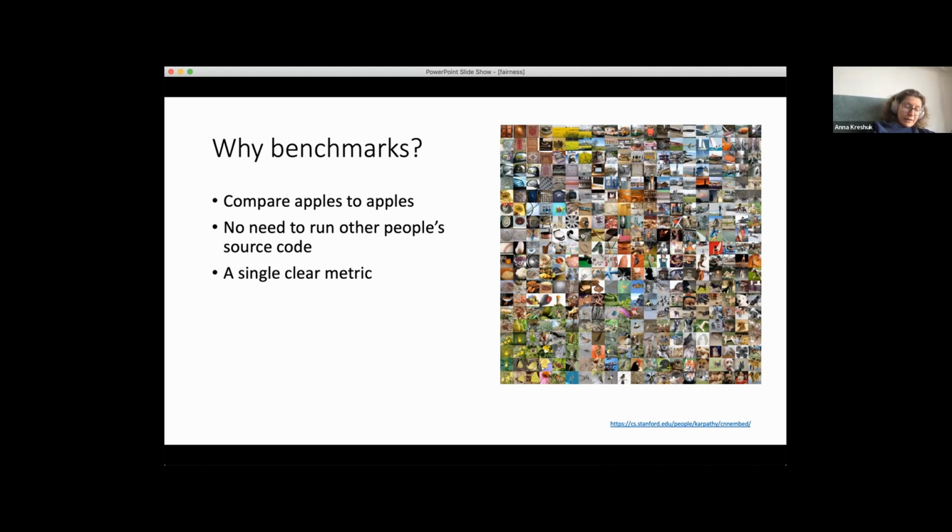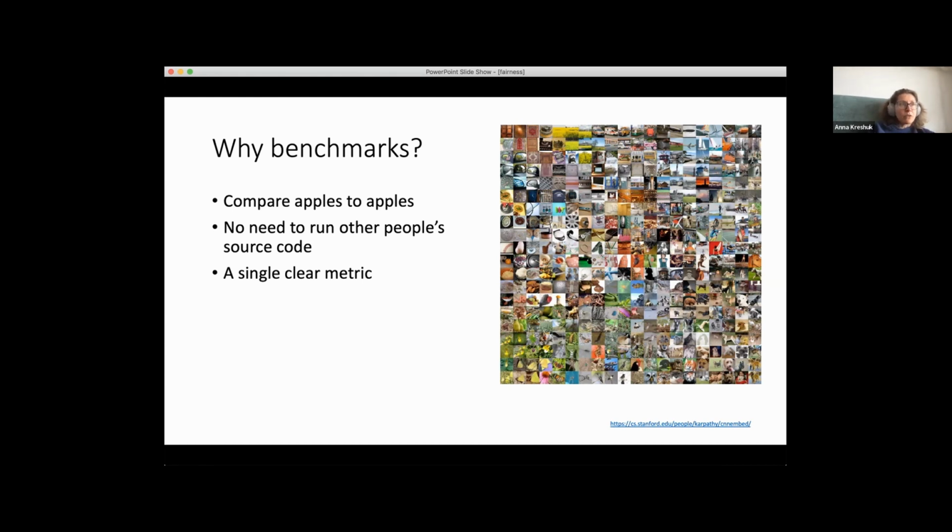That's been really instrumental in getting computer vision to where it is now. The reason why people in computer vision like benchmarks so much is that, early on, before all the open science movements, they allowed people to really compare apples to apples. You have a data set, you know how well you're doing, you know how well the other people are doing, because the leaderboards are all public. You don't need to rerun anyone's source code.